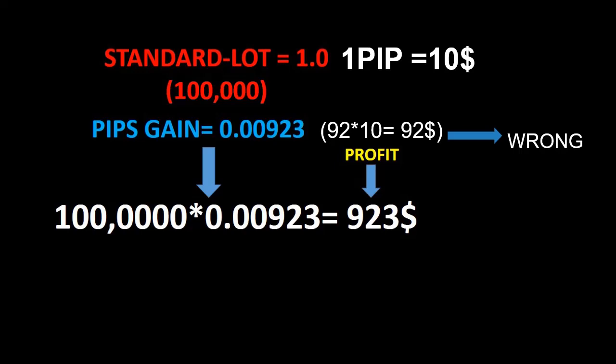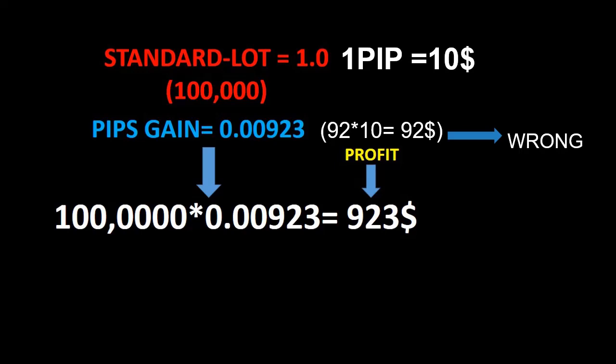Now we are saying, what lot size did we use to trade? We traded with one lot size, and we said a pip of one lot size is equal to $10. Now we cannot just write 10 here. It will not work. If you do that maths, you get a wrong answer.